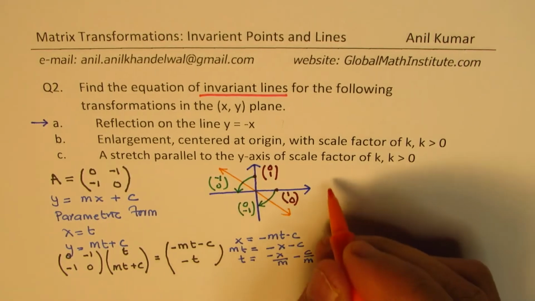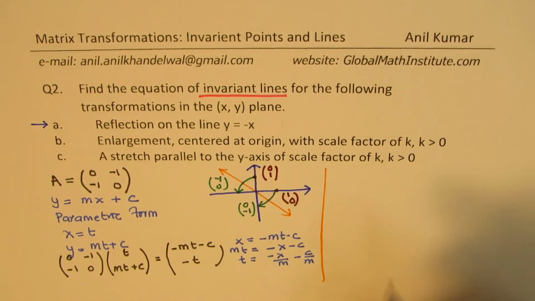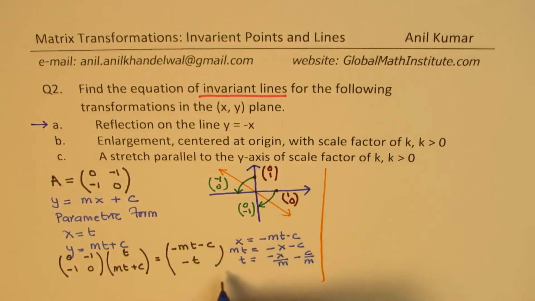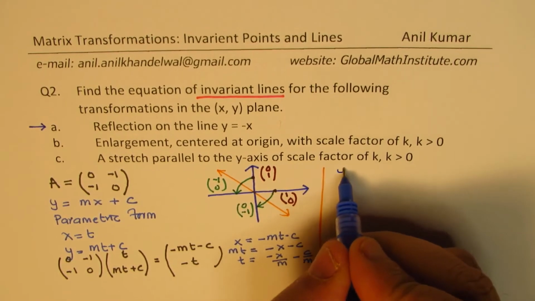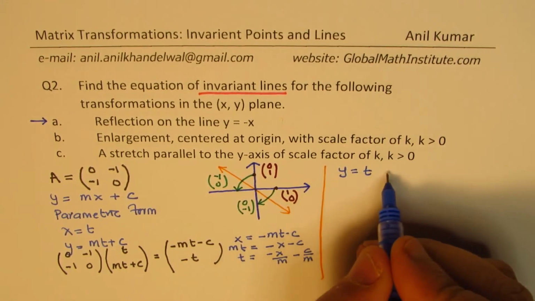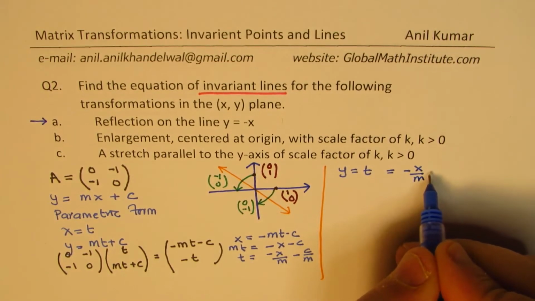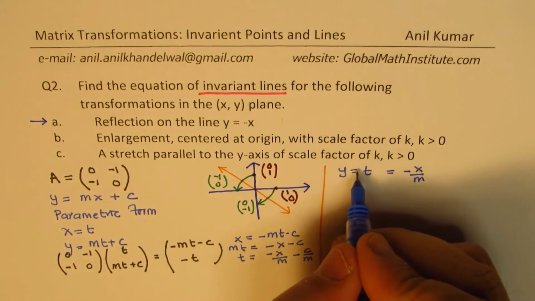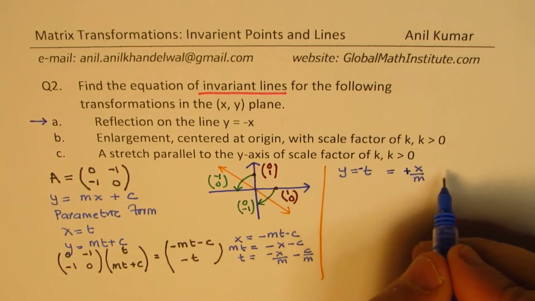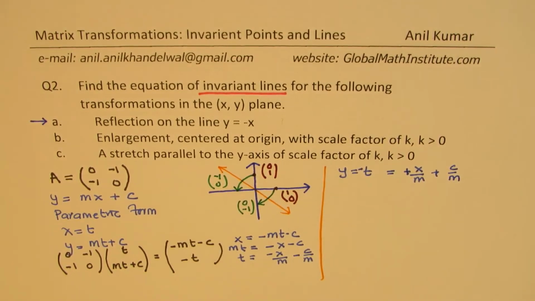Now, if you look into the other part, y should be equal to minus t, right? Since t is equal to minus x over m, y is minus t, so the signs will change, right? So plus c over m. So that becomes the value of y in this particular case, right?